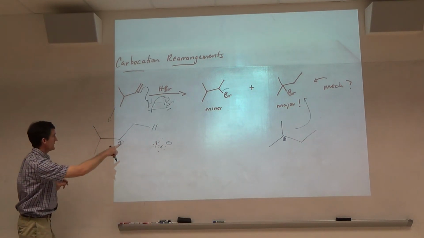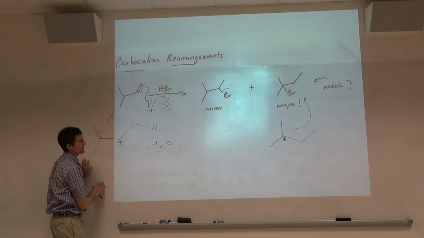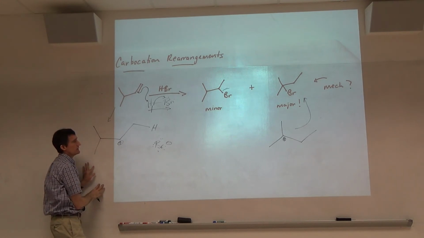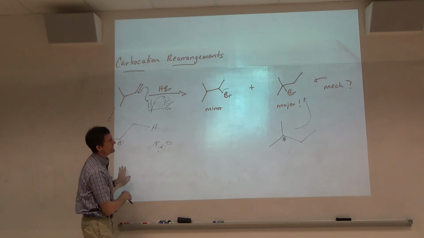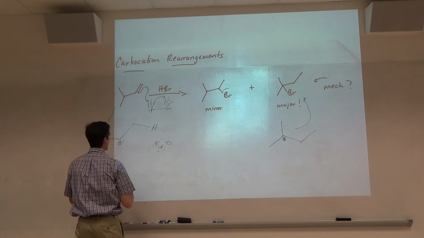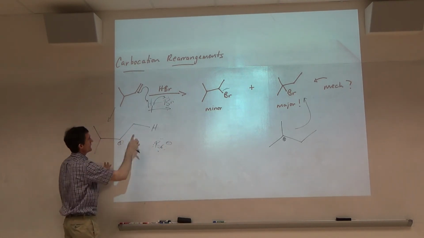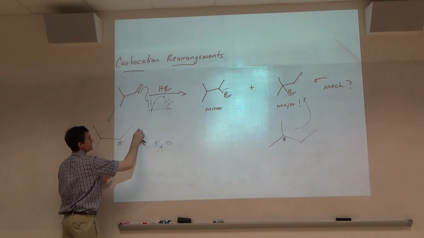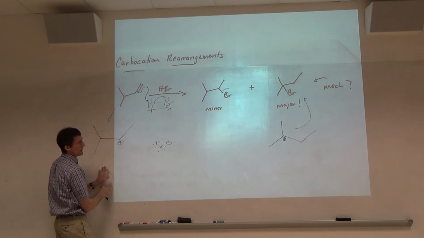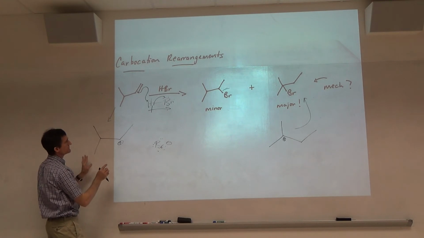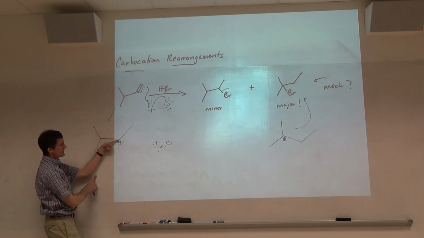How can we get that here? Let's see here. I hate drawing in the H because it makes you focus on that. Can I get rid of that? There's a new H there. What's the difference here? How many H's here? One. One H there. How many here?